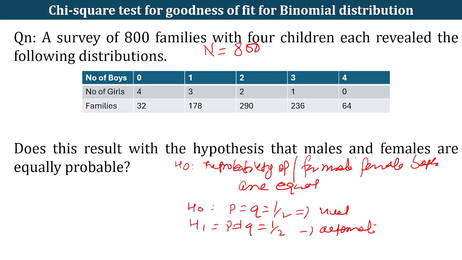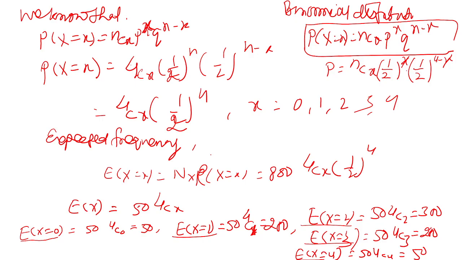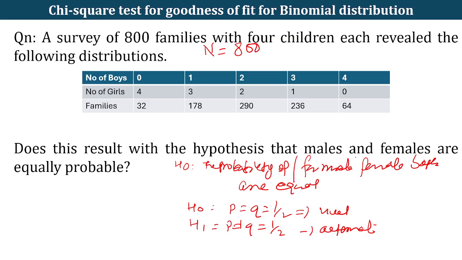Now for the calculation, we have x equal to 0, 1, 2, 3, 4. For that, what is the observed frequency? Let's say for 0 boys, we have 32.